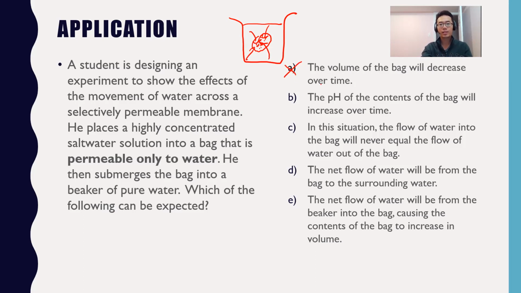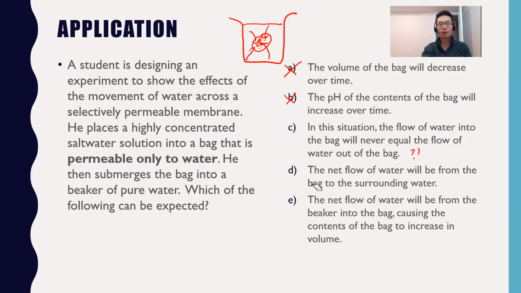pH will change? Nope, because we are not changing the pH. pH is a hydrogen ion, as we learned earlier. So there's no movement of hydrogen ion, no change in pH. The flow of water into the bag will never equal the flow of water out of the bag? Maybe.